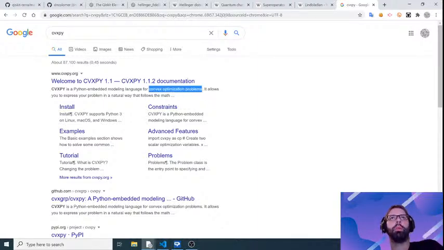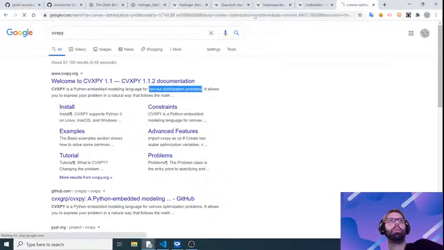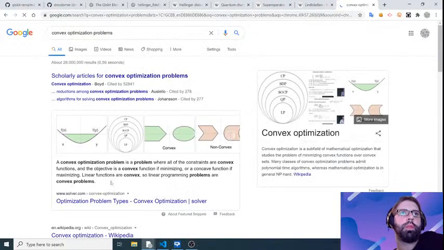What are convex optimization problems? A convex optimization problem is a problem where all of the constraints are convex functions, and the objective is a convex function if minimizing, or a concave function if maximizing. Okay.